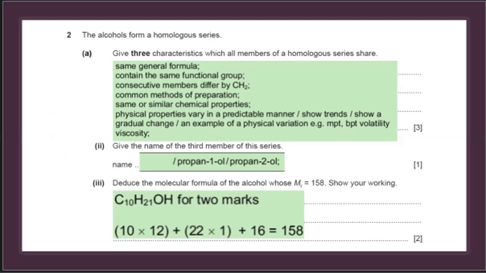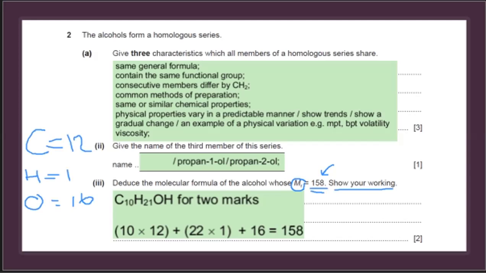Next one, deduce the molecular formula of the alcohol whose molar mass, Mr, is 158, and they say show your working. So we're trying to figure out what alcohol would have a molar mass equivalent to 158. From the periodic table, carbon is 12, hydrogen has a molar mass of 1, and oxygen has a molar mass of 16.